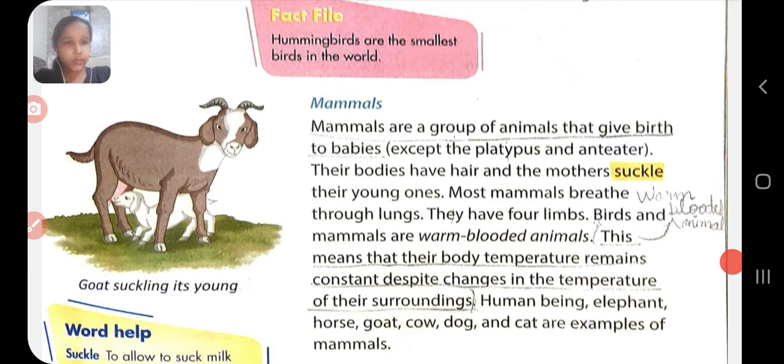Most mammals breathe through lungs. Mostly, they have 4 limbs. Birds and mammals are warm-blooded animals. What are warm-blooded animals?